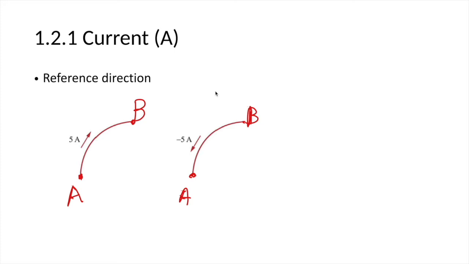They are equal, they are equivalent. But we can select another reference direction, not from B to A. Here we select the reference direction from A to B and remove the negative sign. So this becomes 5 ampere. So these two are equivalent.